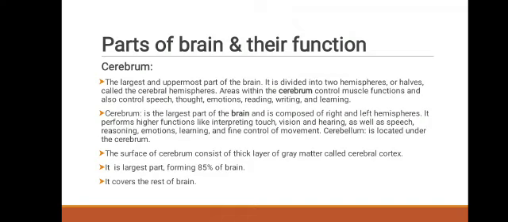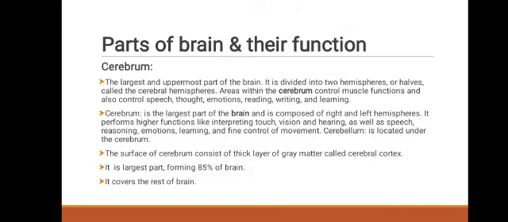The largest and uppermost part of the brain. It is divided into two hemispheres called the cerebral hemispheres. Areas within the cerebrum control muscle function and also control speech, thought, emotion, reading, writing and learning.